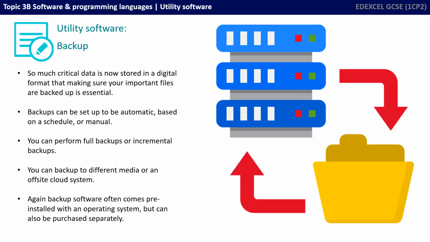This can often be quicker after performing a first initial full backup. You can back up to different media, offline media like DVDs or Blu-rays, external hard disks, or indeed backing up to an off-site cloud location. And again, backup software often comes pre-installed with an operating system, but can also be purchased separately.